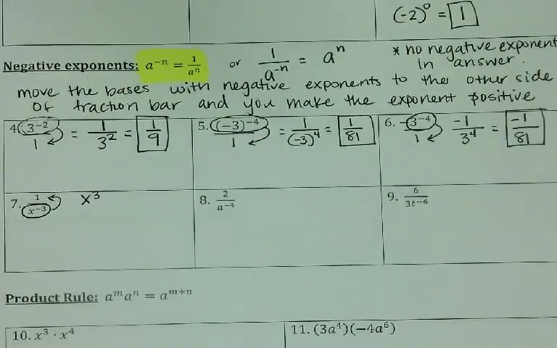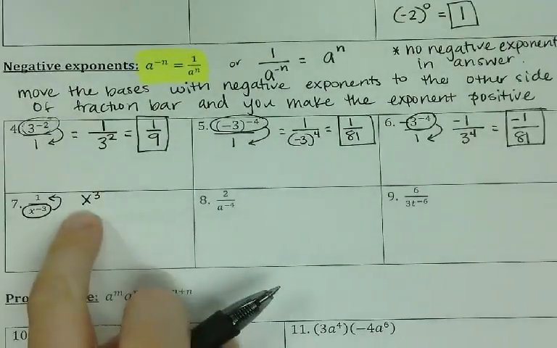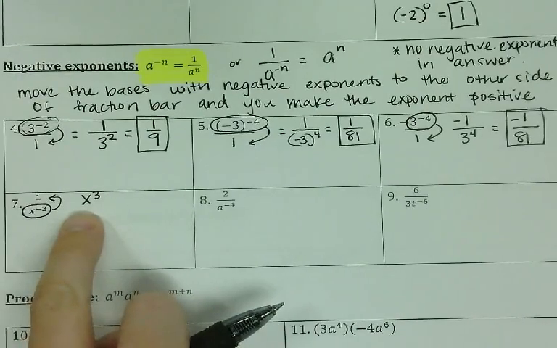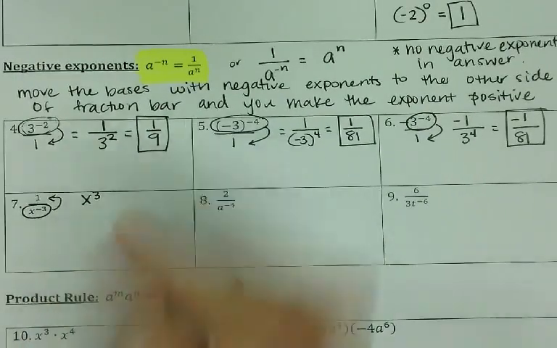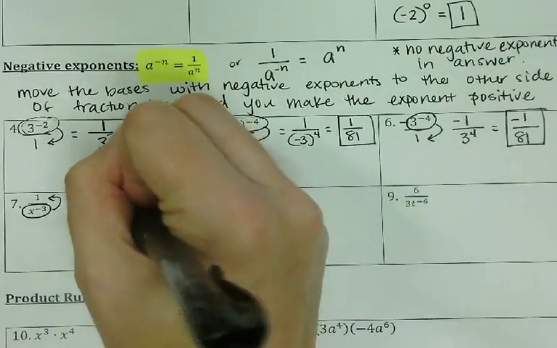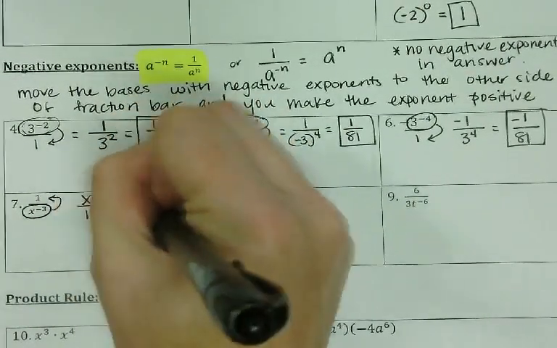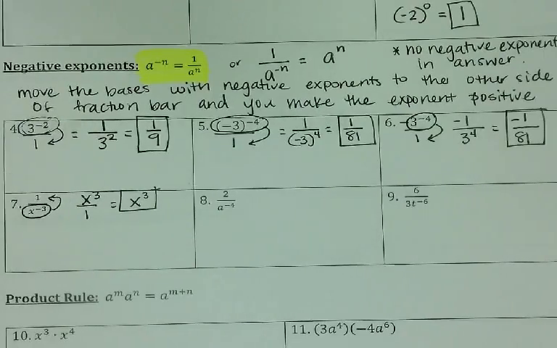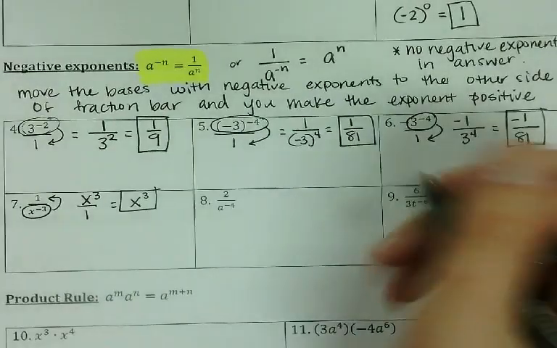Now nothing got left behind on the bottom in the denominator, so do I need to put over 1? No. It's not wrong if you do that, but to be fully simplified, you really don't need to put that it's over 1. You can keep it there if you want to have a little placeholder, but once you take it out of the bottom, you don't have to leave anything there.